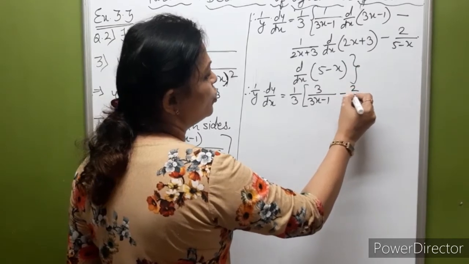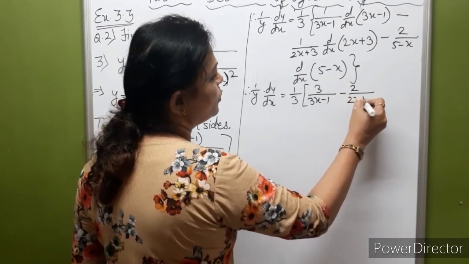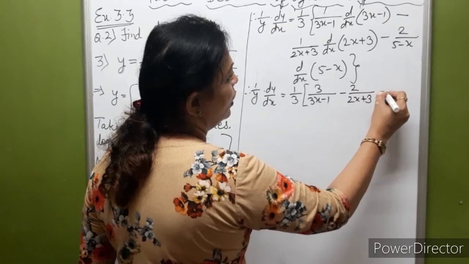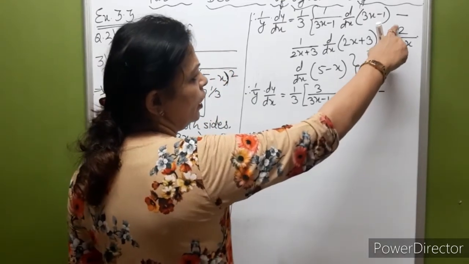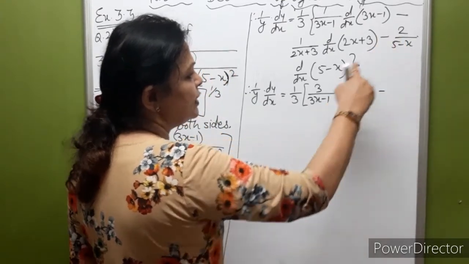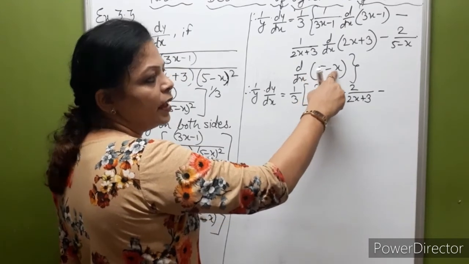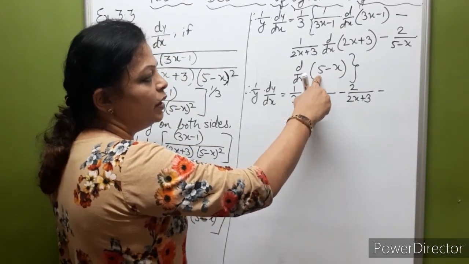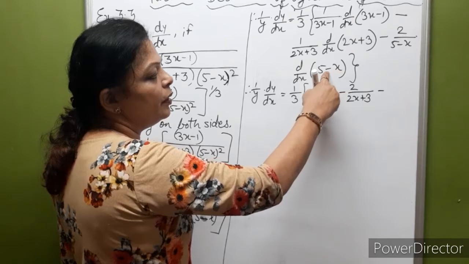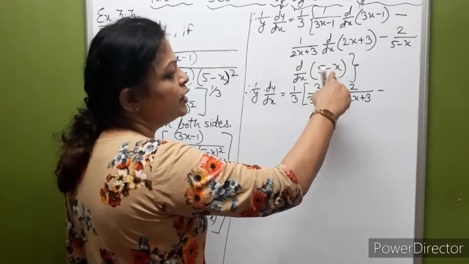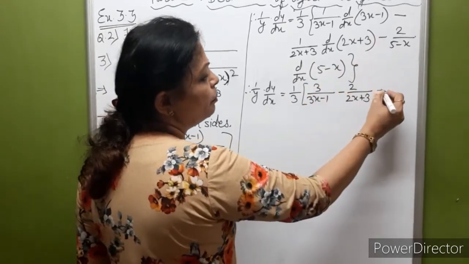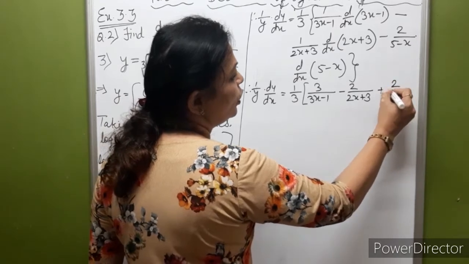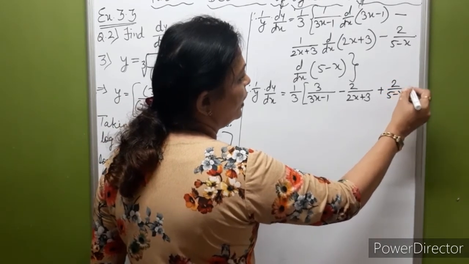So minus 2 upon 2x plus 3, minus 2 upon 5 minus x, and the derivative of 5 minus x. Derivative of 5 will be 0 and derivative of minus x will be minus 1. So this minus 1 and minus will become plus and you get 2 upon 5 minus x.